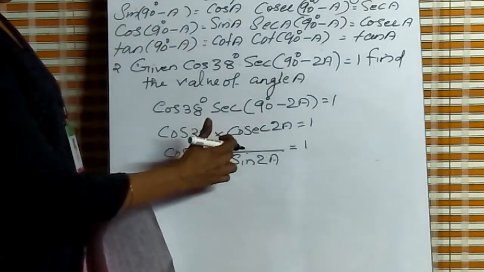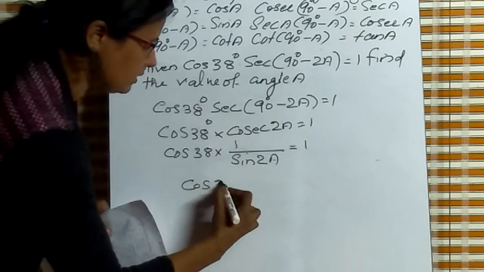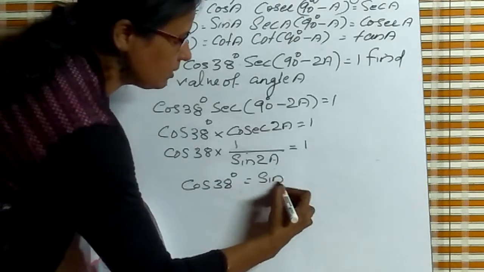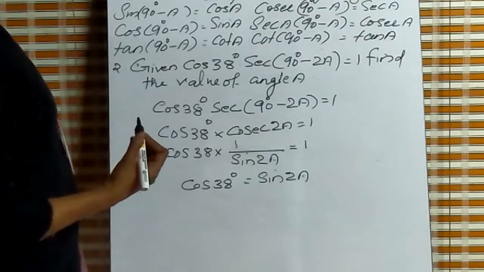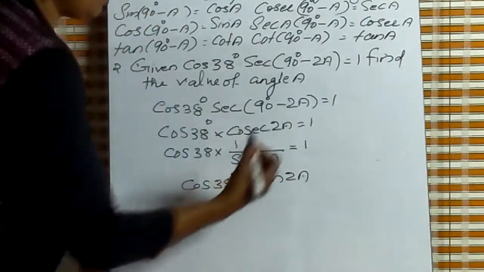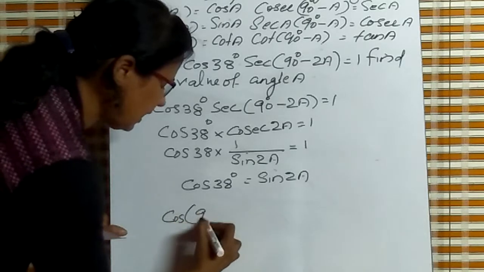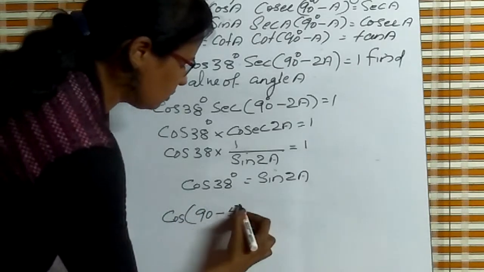1 by sin 2A. So cos 38° into 1 by sin 2A is equal to 1. Cross multiplication: cos 38° is equal to sin 2A. Now cos 38° can be written as cos(90° − 52°).